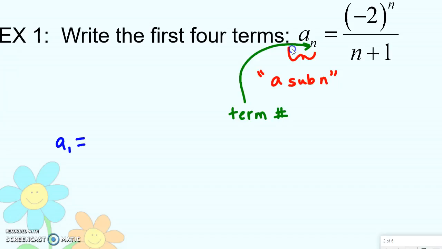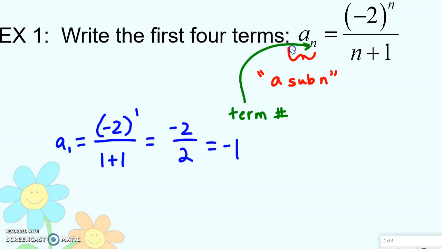So A sub 1, n is 1. That's negative 2 over 2, which is negative 1. Okay. Then A sub 2.